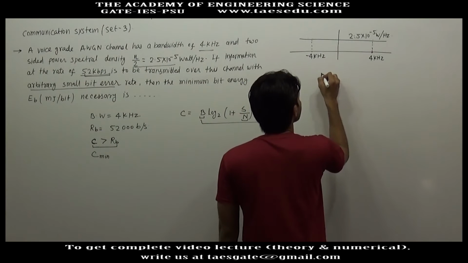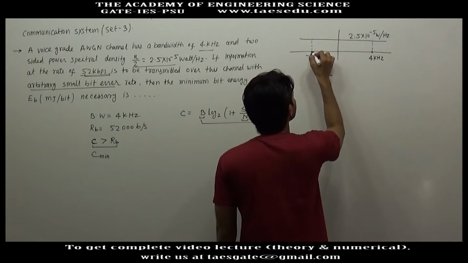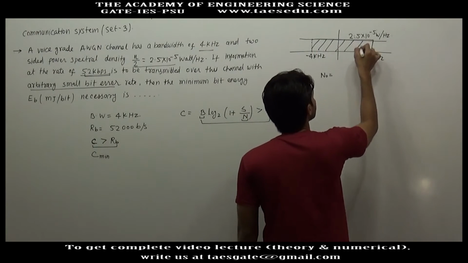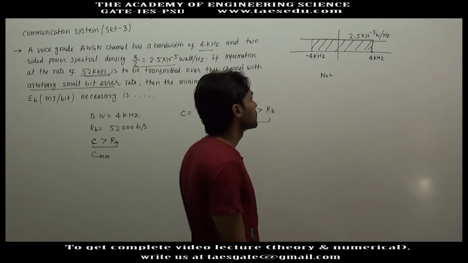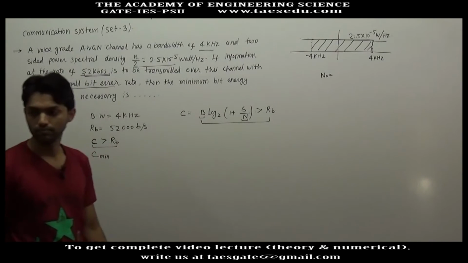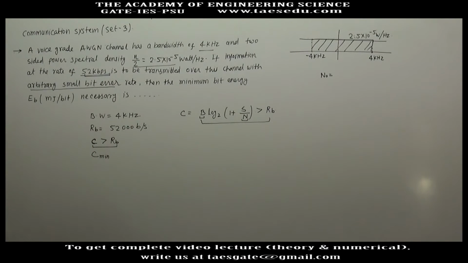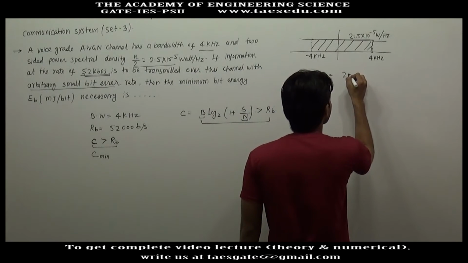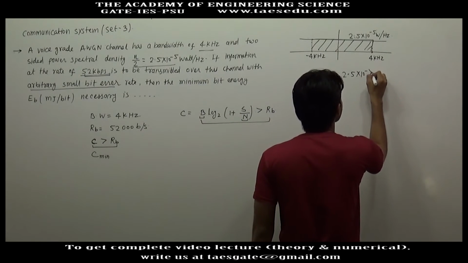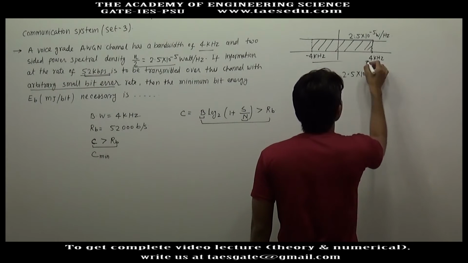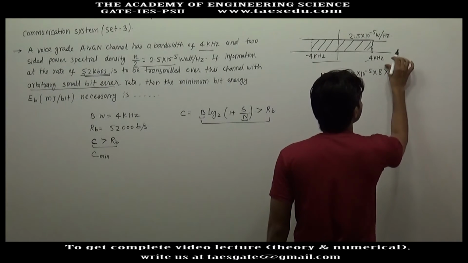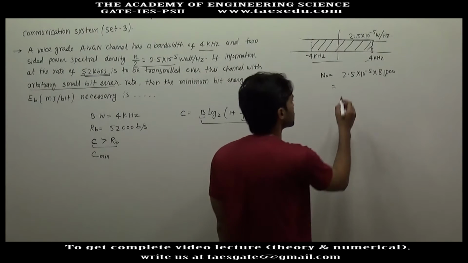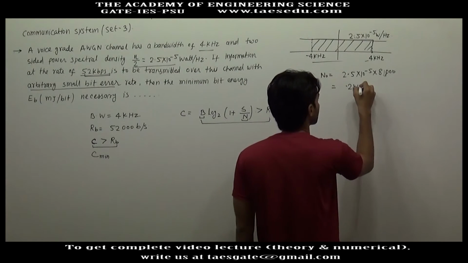So the total noise power N naught will be the area of the power spectral density between minus 4 kilohertz to plus 4 kilohertz. So this area will be 2.5 into 10 to power minus 5 into this width, which is 8 kilohertz, meaning 8000. So this will give you 0.2 watt.